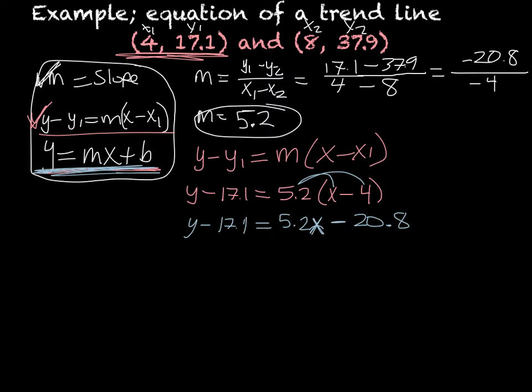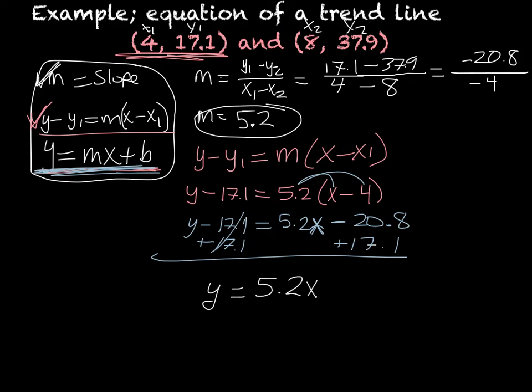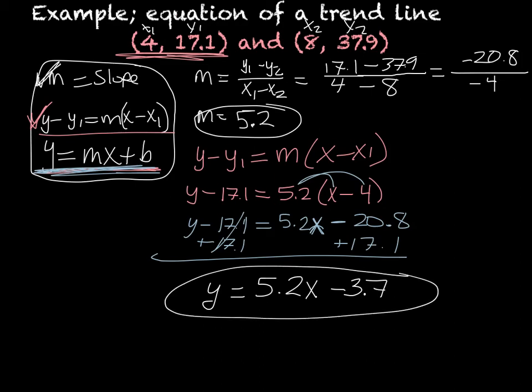So at this stage I'm going to add 17.1 to both sides, leaving me with y equals 5.2x, which is minus negative 20.8 plus 17.1 is negative 3.7. So my line is right there, and that is the approximate line of the weight of a baby panda.